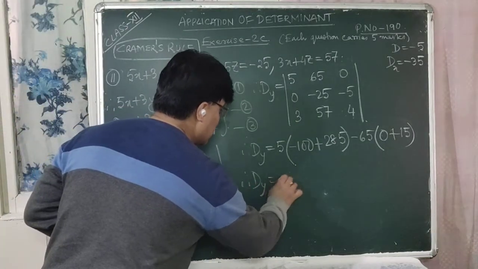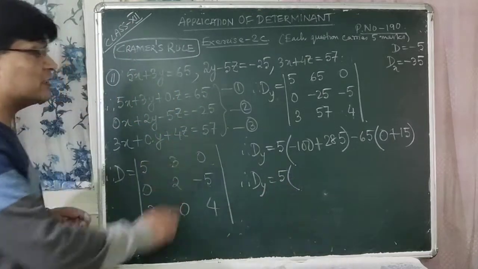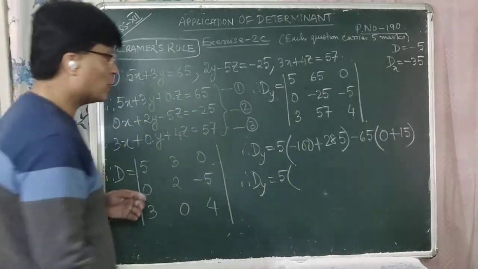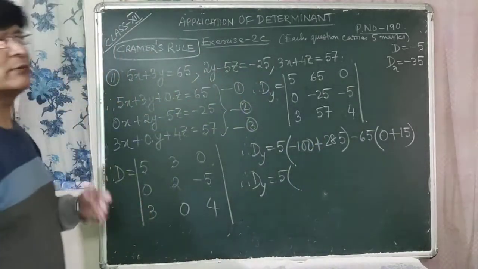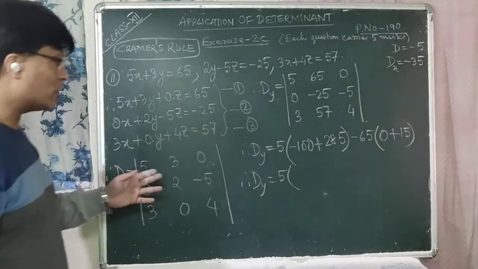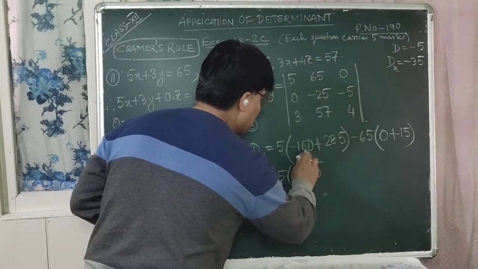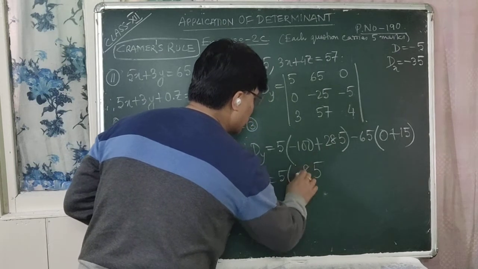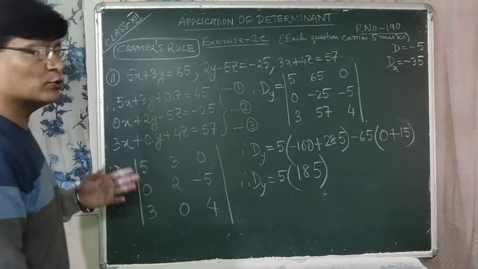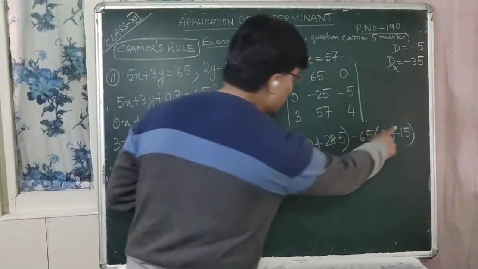So dy is equal to 5 within bracket. Different sign, you have to subtract them. So what do we get? And you have to write down the sign of the greater number, that is plus. So usually plus sign we don't write, okay? So 5 minus 0 is 5, 8 minus 0 is 8, 2 minus 1 is 1. That is 5 into 185. But here you can multiply them.